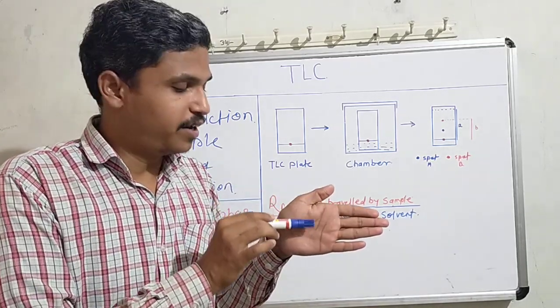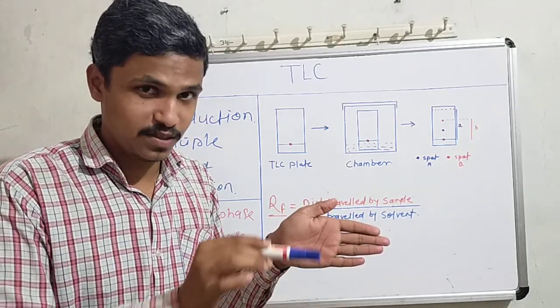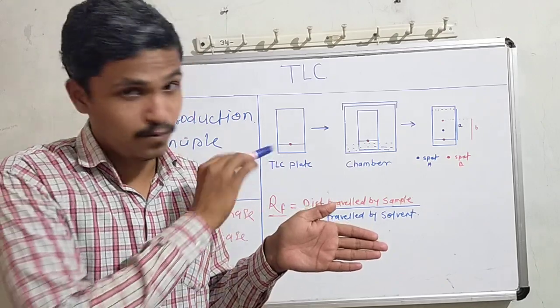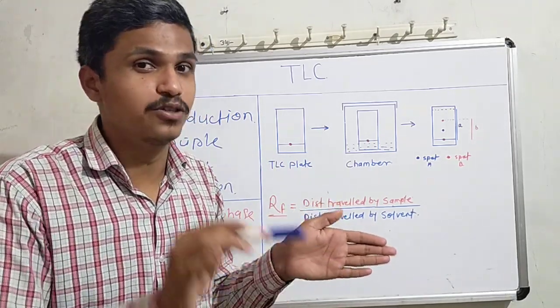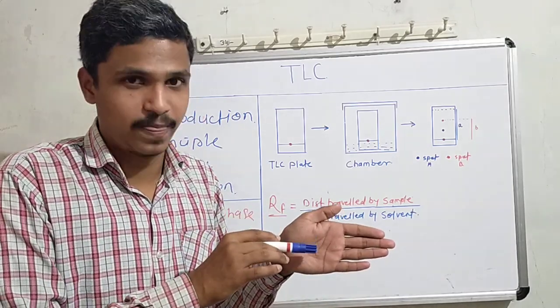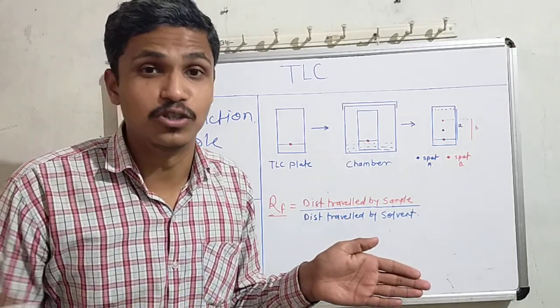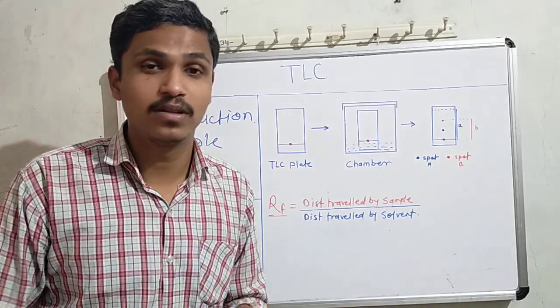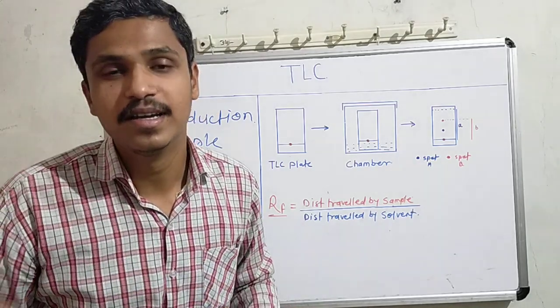When the train travels on the stationary phase, it carries a number of passengers, a mixture of people, and the people get dropped off at their different destinations depending upon their relative affinity toward their destination.